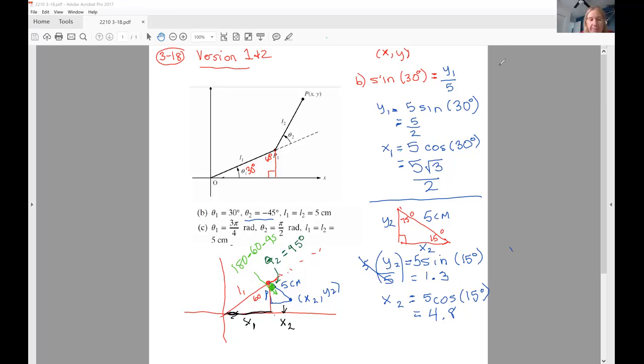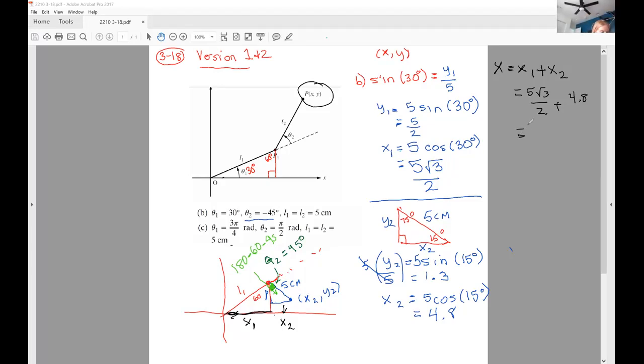Because they're both going in the positive direction, we're going to add them together, right? So X from P of XY is going to equal X1 plus X2, which is going to equal X1 is 5 times the square root of 3 over 2 plus X2, which is 4.8. And I'll get a decimal value for the whole thing.